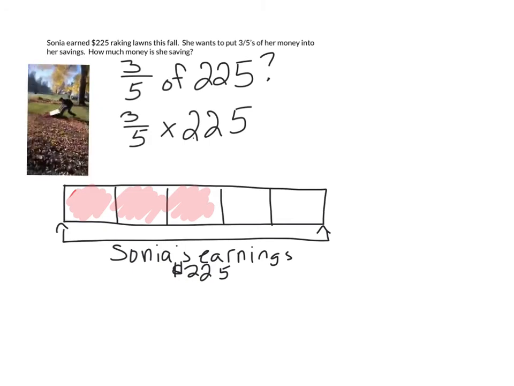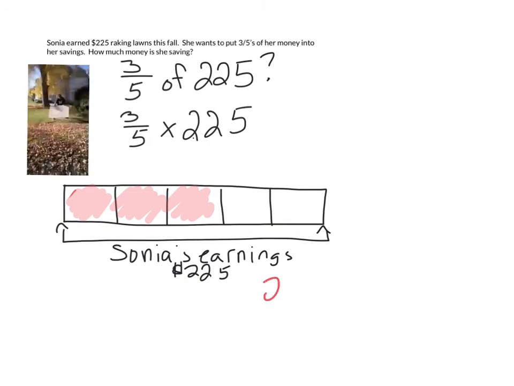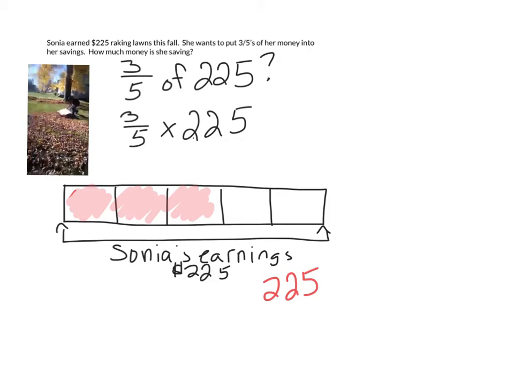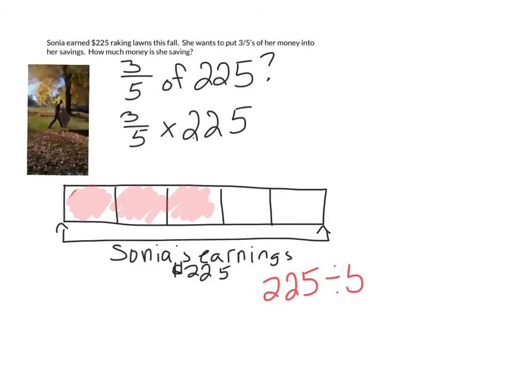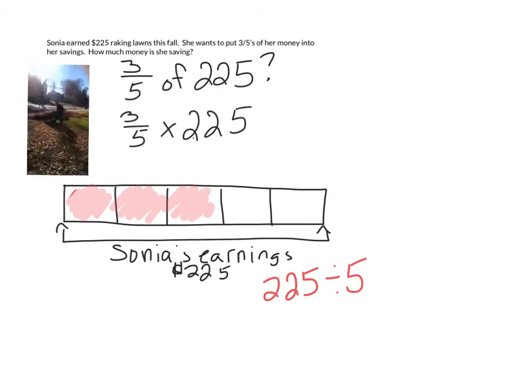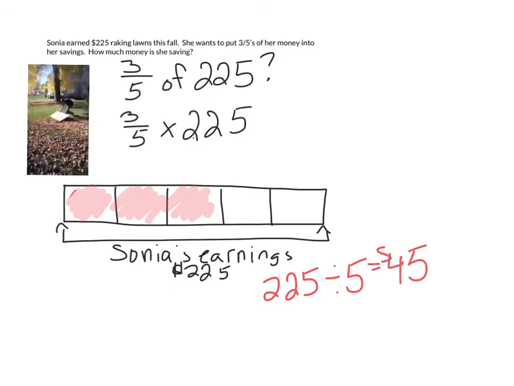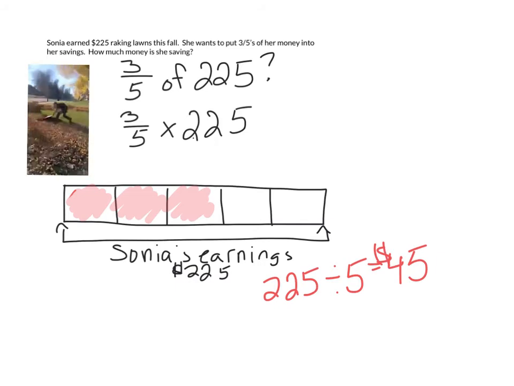What I've essentially done is I've taken the $225 and I've split it into 5 pieces. So I'm going to take 225 and divide it by 5. And when I do 225 divided by 5, I find out that each piece, or each fifth, is worth $45.